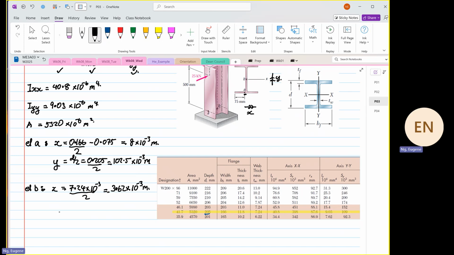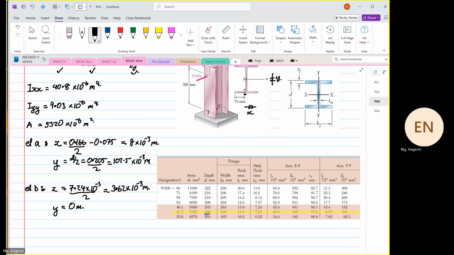And then we are going to look in the y distance. So the y distance is exactly on the centroid, equal to 0 meters. Okay. Once you are very confident about this, if this question is for 10 marks, 10 marks is in your pocket.